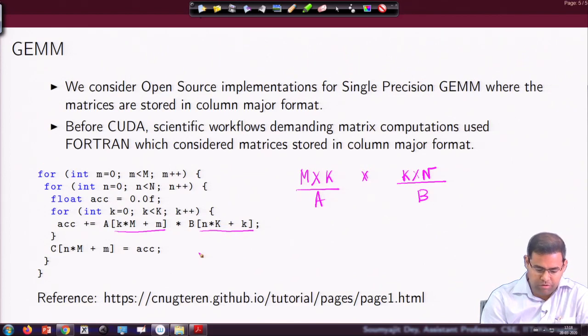We are more habituated to writing a loop where I have k iterating, for a fixed m. Essentially the way we do it is m times small m plus k, multiplied by b, and the index for b would of course be the column index, so k times some capital K plus n, something like that.